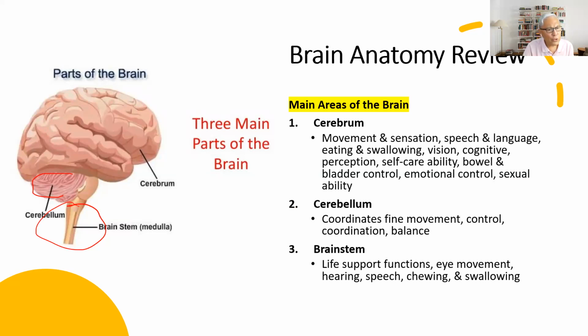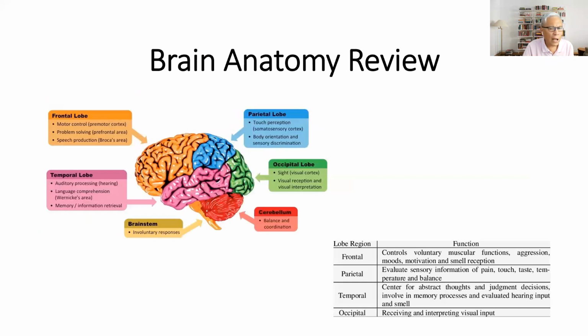But most of the questions actually in NCLEX are going to ask about the lobes. So whenever we are looking at the cerebrum, it is going to be divided into 4 lobes. And they are the frontal lobe, the parietal lobe, the temporal lobe, and the occipital lobe.